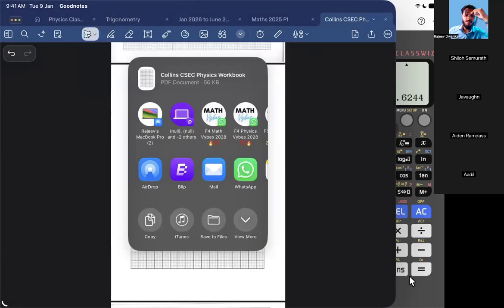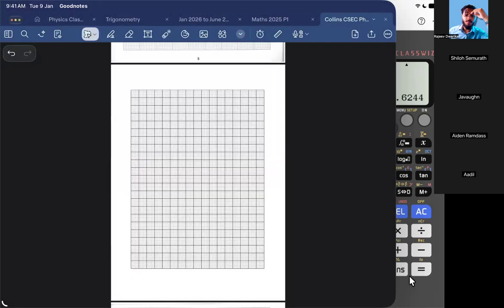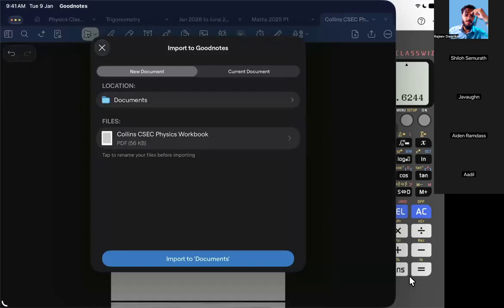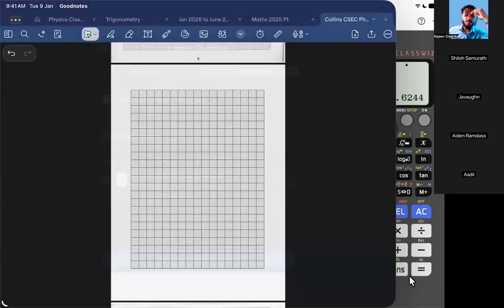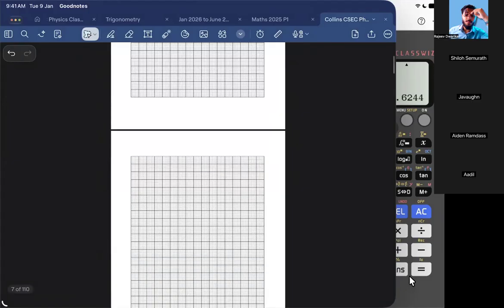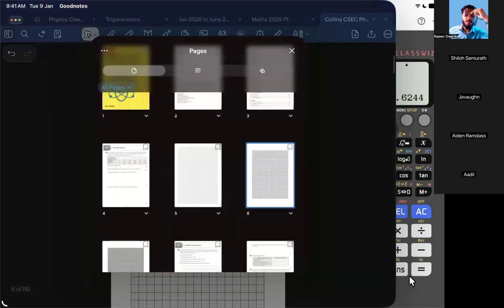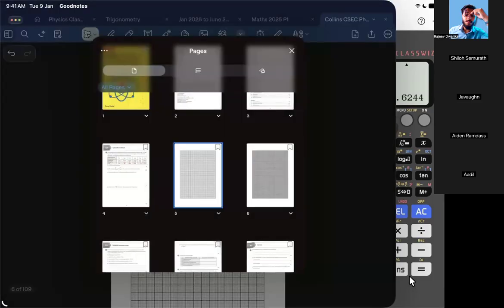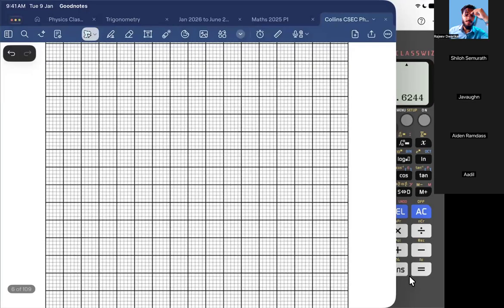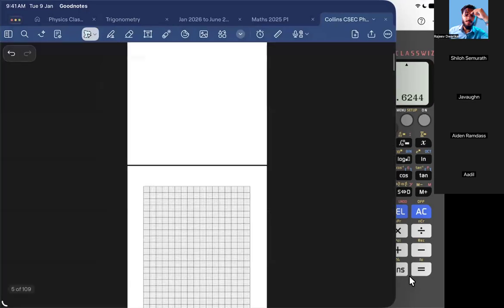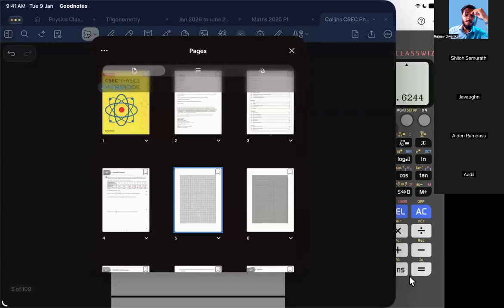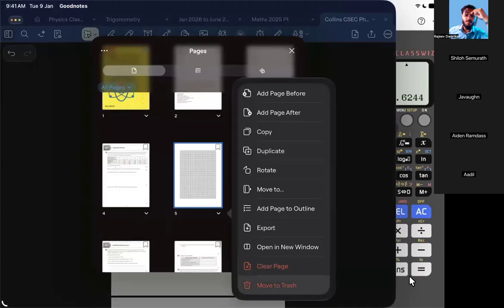Javon, what time did you just wake up? What time do I usually? Yeah, for lessons this morning, what time did you wake up? Say like 9. You woke up at 9 o'clock. So you woke up just now. Yes, sir. You woke up just in time. Optimizing that sleep.